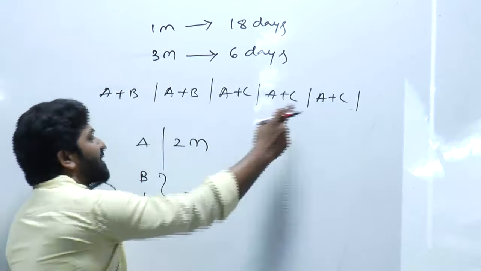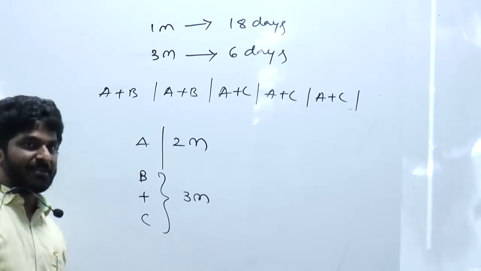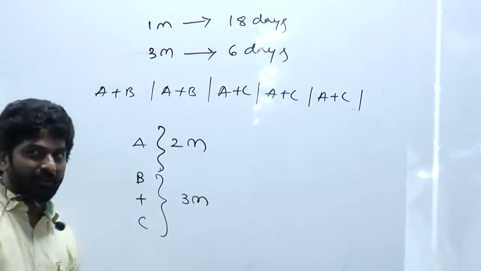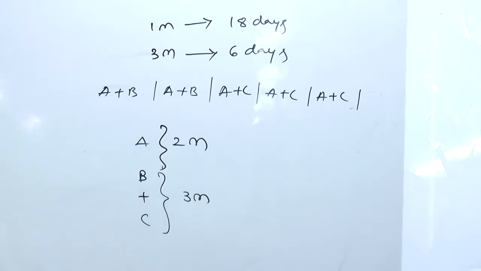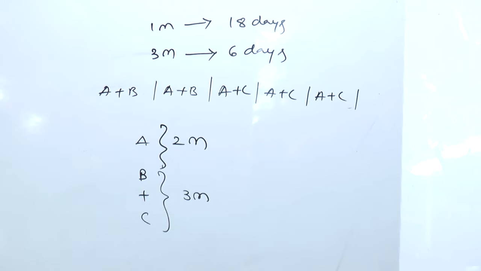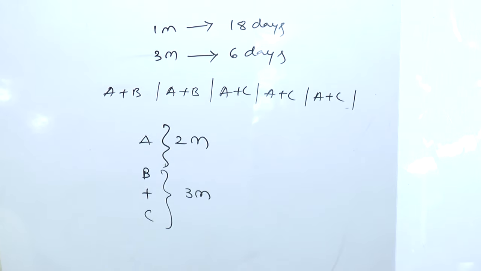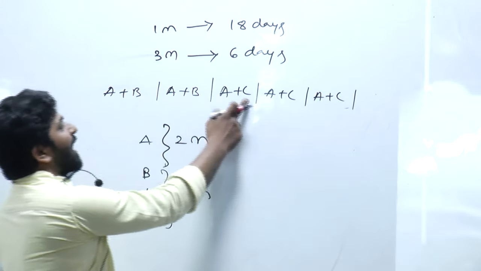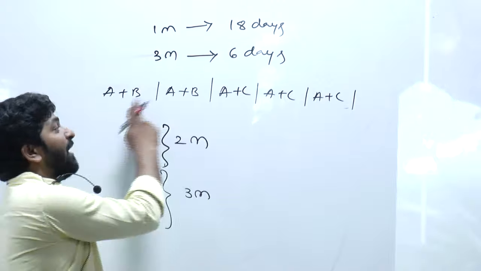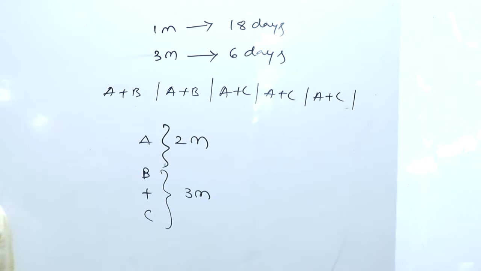A worked for how many days? 5 days. In 1 day A alone can complete 2 men work. He worked for 5 days, in the sense he worked for 10 men work. B and C together can do 3 men work. B and C together worked for how many days?